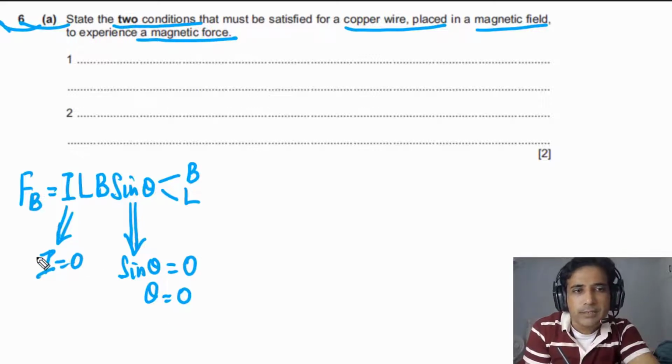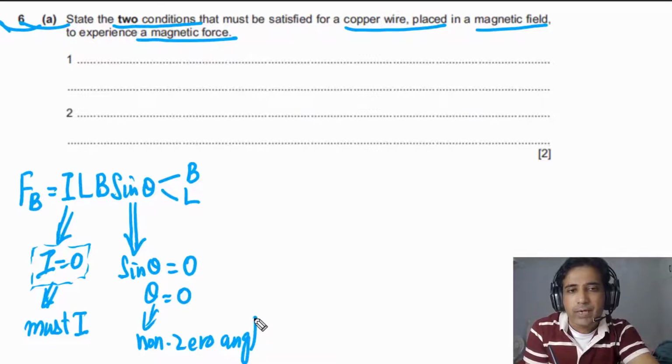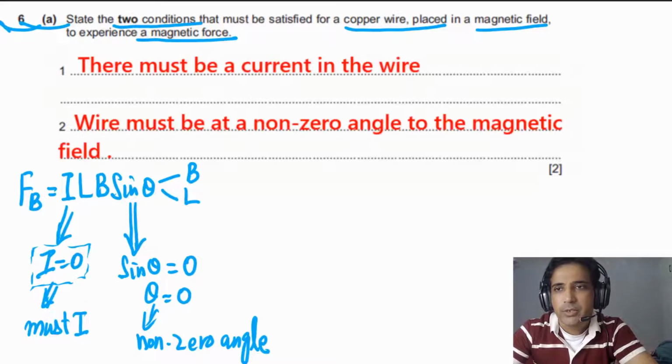These 2 points we have to mention in our answer. There must be current in the wire, and the wire has to be placed at a non-zero angle. Then the wire will experience a force. So we can mention these 2 points and you will get 2 marks. This is how you can write your answer.